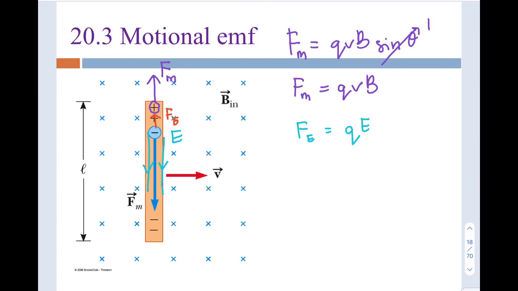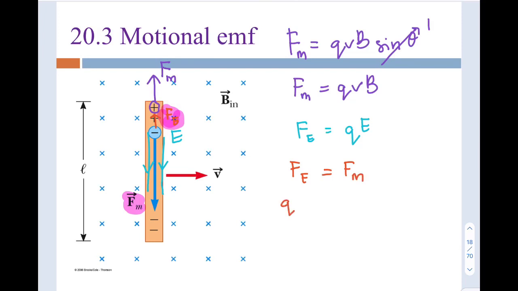Therefore, the separation process between proton and electron is going to be stopped whenever the F electric here is balanced with this F magnetic. So what does balance mean? It means that F due to E must equal F due to the magnetic field.